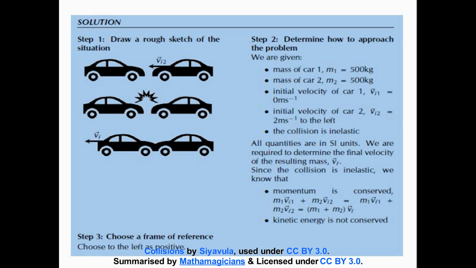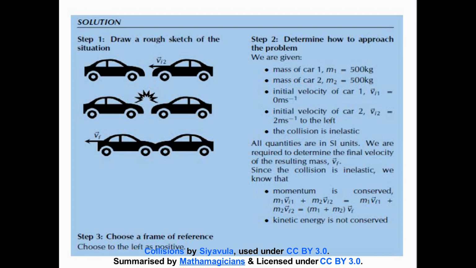Since the collision is inelastic, we know momentum is conserved. So we know that m1 vi1 plus m2 vi2 is equal to m1 vf1 plus m2 vf2, which is equal to (m1 plus m2) times vf, because all we want is the final velocity of the resulting mass, in other words, of the two cars together.